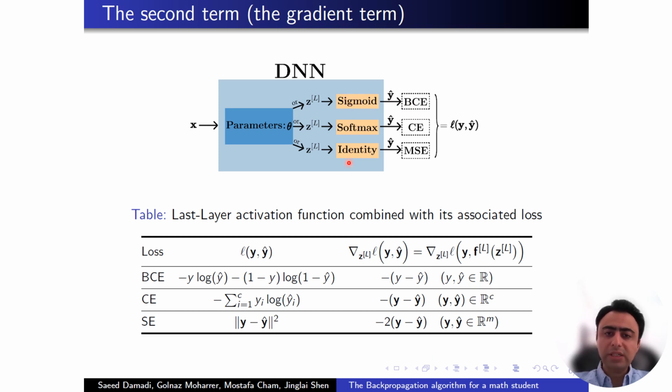So we are dealing with these three functions, each with its own loss, and we can calculate the gradient with respect to ZL. If we do that, we get the difference between y and y hat for the first two losses, and -2 times y minus y hat as the gradient of the loss function with respect to ZL.